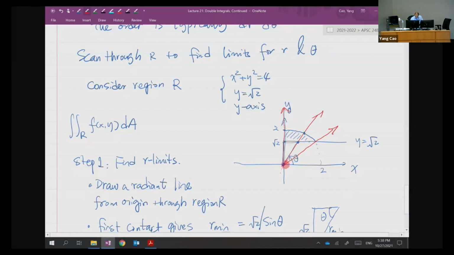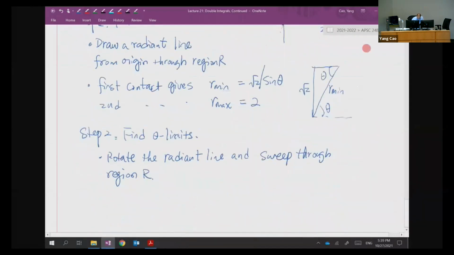Theta mean is obviously given by this edge, and theta max by this edge. So that's the second step: rotate the reading line and sweep through this region R. You can call them boundaries or edges, and they will give you the theta mean and theta max.